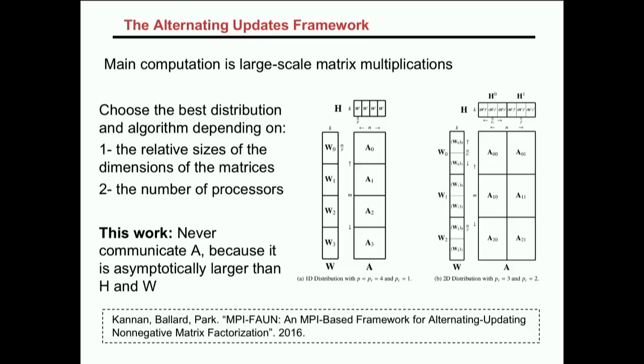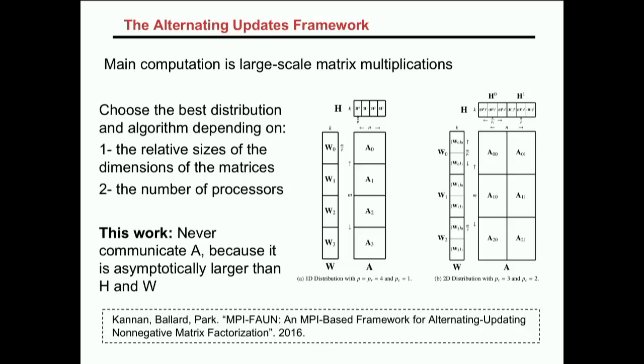The caveat here is A is usually significantly bigger than H and W. Otherwise, we would probably not be doing dimensionality reduction to begin with, right? The K dimension that we're trying to recover is significantly smaller than the apparent dimension in the input, which is N. So A is much bigger.